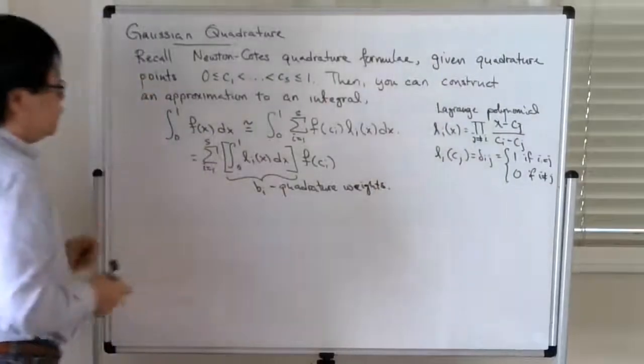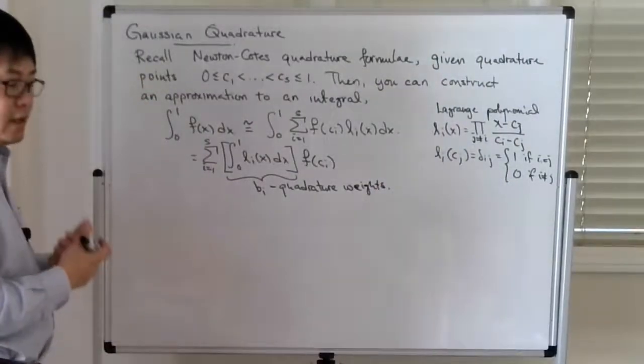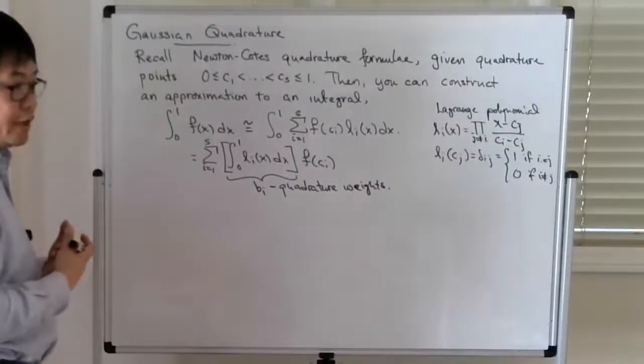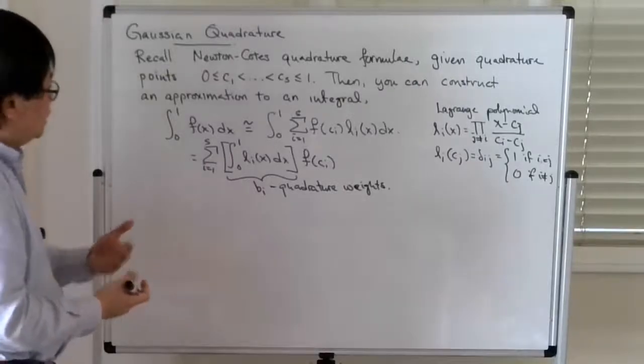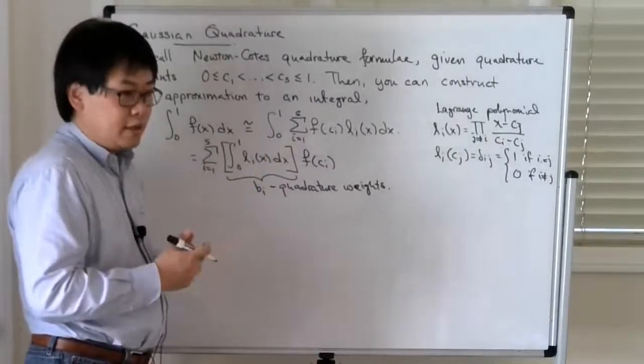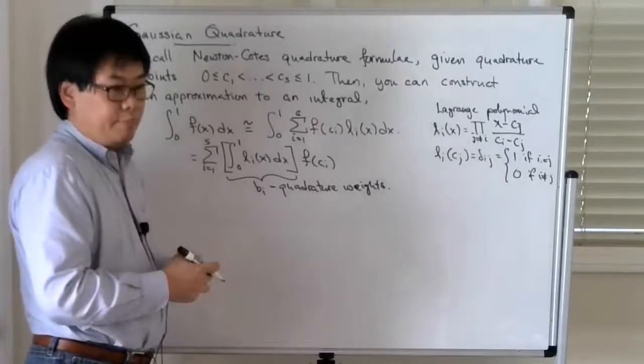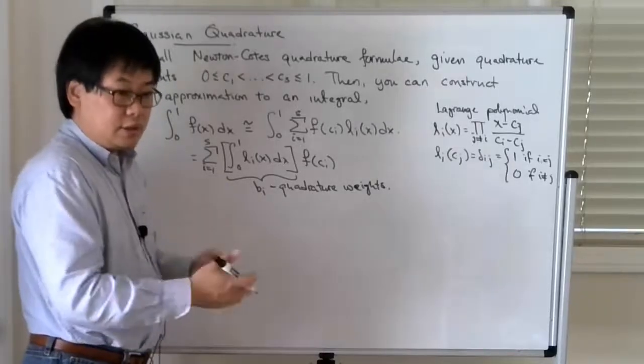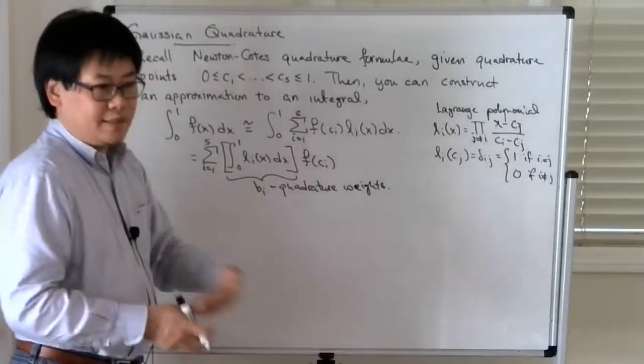And it's easy to convince yourself that if f happened to be a polynomial of up to degree s minus 1, then this process of replacing the polynomial by its interpolating polynomial on s points is exact.